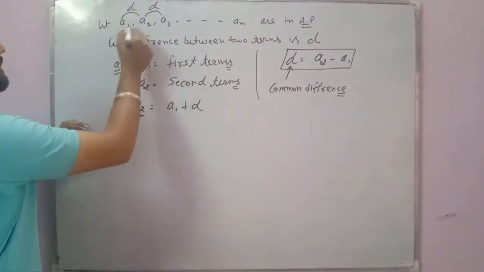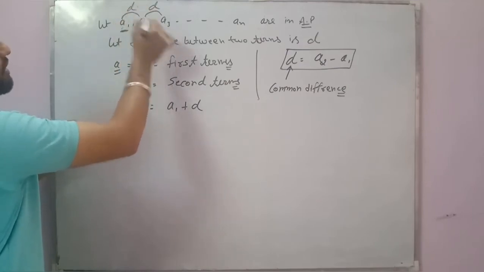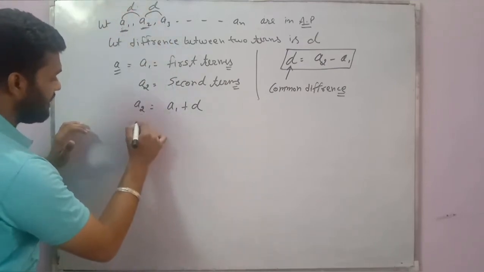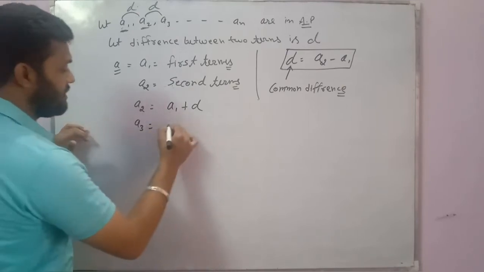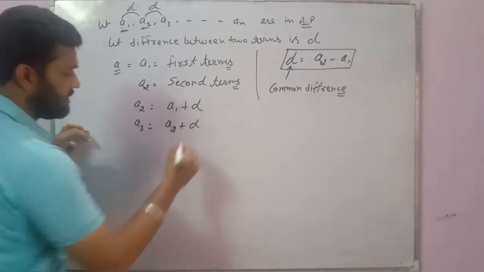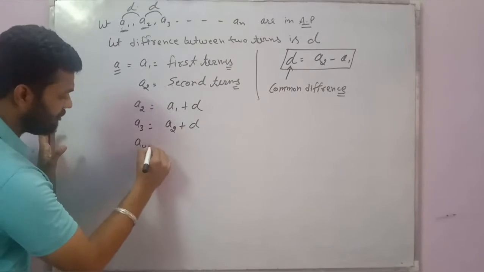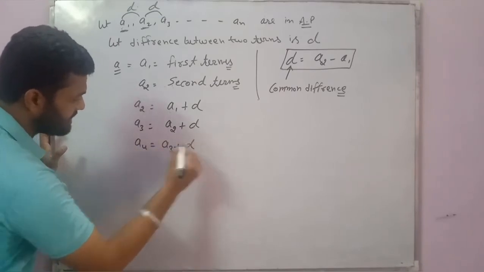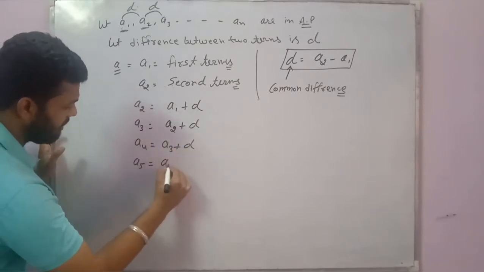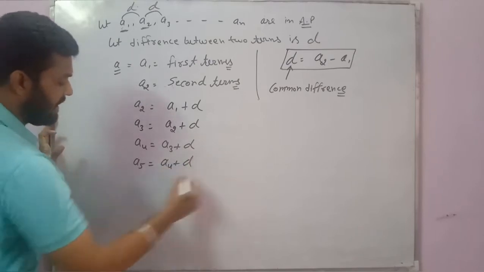If we add D to A1, we find A2, and if we find A3, it means A2 plus D. A4 is A3 plus D, A5 is A4 plus D, and so on.